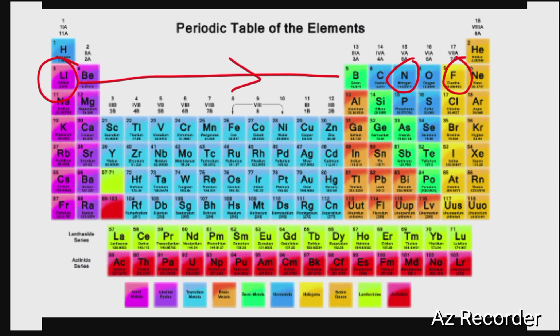So the leftmost element, lithium, will have the least nuclear force, and fluorine will have the most nuclear force. So the increasing order in this case will be lithium less than nitrogen less than fluorine. The reason is that across a period the electronegativity increases due to the increase in effective nuclear charge.